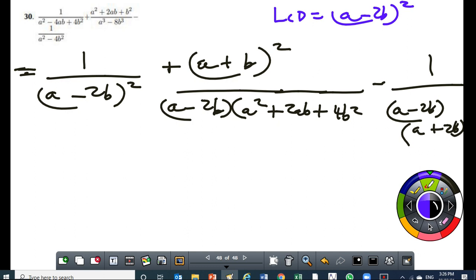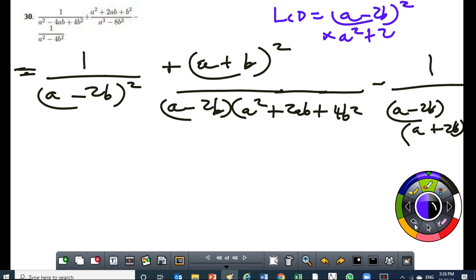Then we have this trinomial here. This trinomial is also going to be part of the LCD. The good thing is that that trinomial multiplied by one of these two will give us a difference of 2 cubes. So I can just multiply, I'll say times a squared plus 2ab plus b squared.